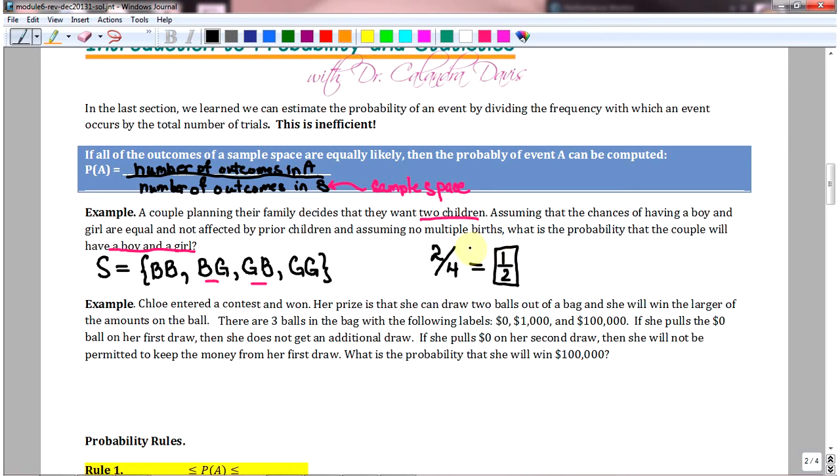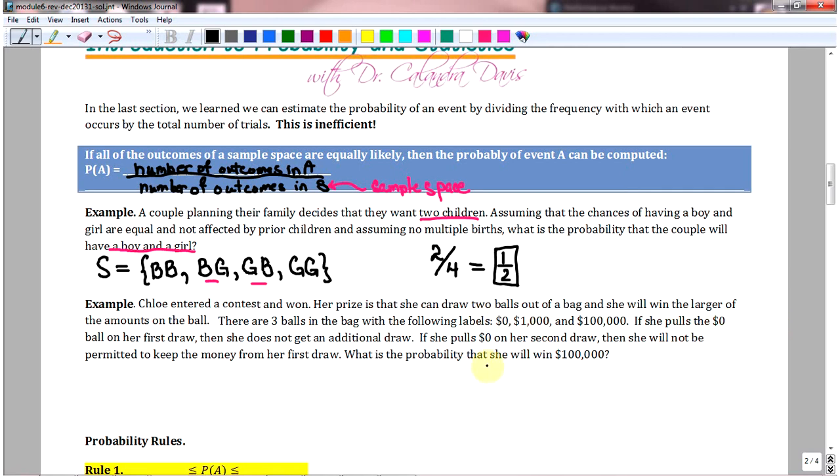Going on to the next example. Chloe entered a contest and won. Her prize is that she can draw 2 balls out of a bag, and she will win the larger of the amounts on the ball. There are 3 balls in the bag with the following labels: $0, $1,000, and $100,000.